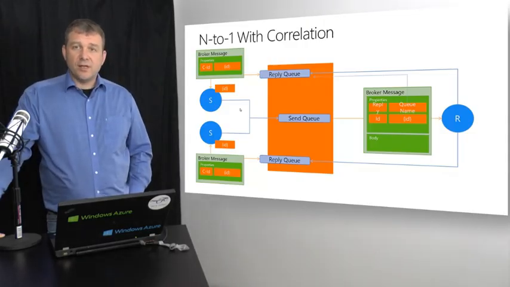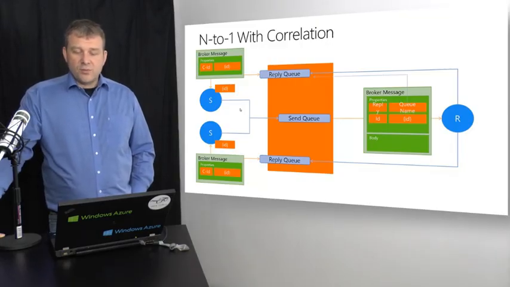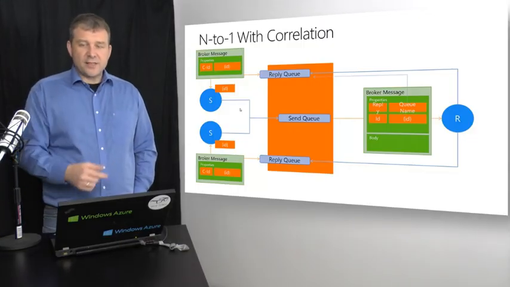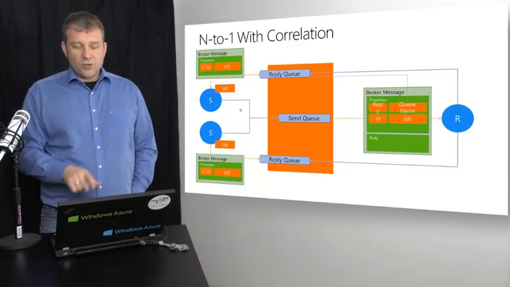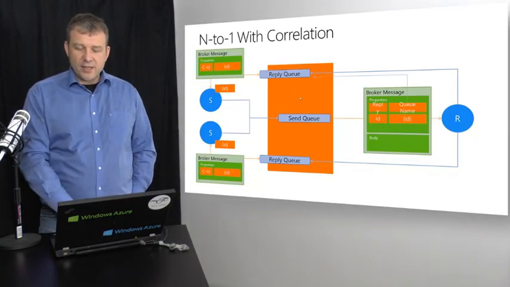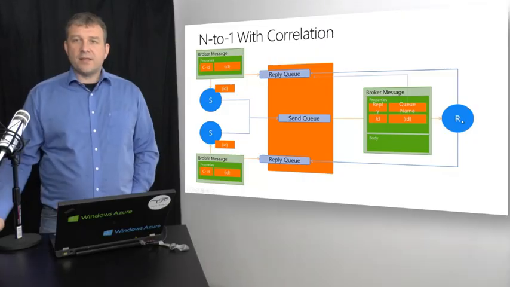Again, this could be multiple backend processes. We're going to get to that in a moment. And then the receiver processes the job and sends that to a reply queue. This N-to-1 model is actually very useful if you have a constrained component at the back of this.